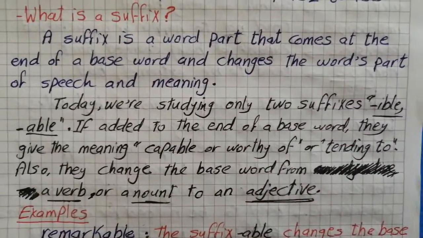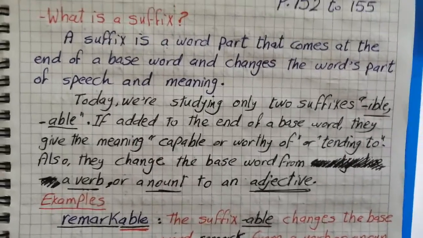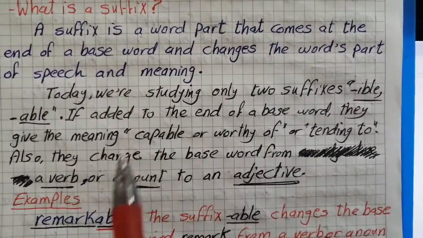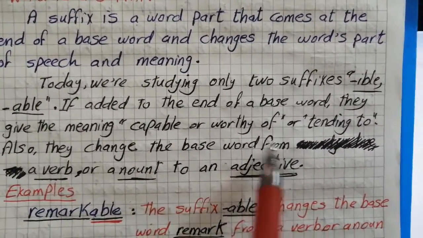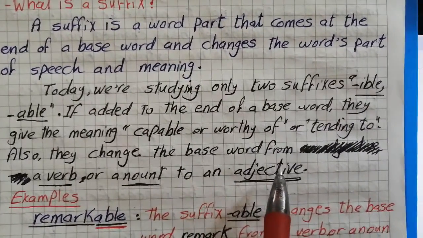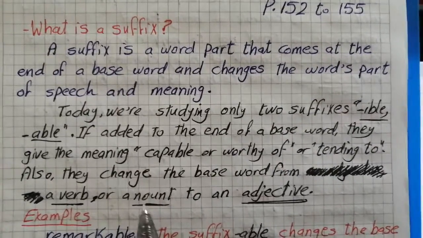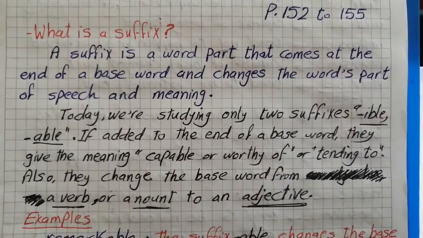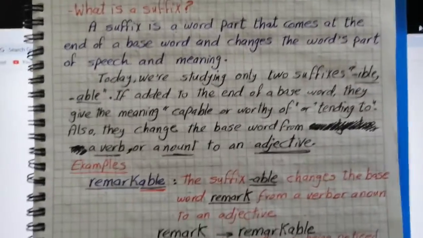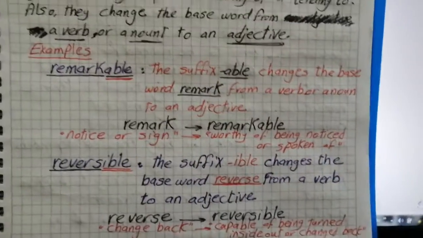So this is the meaning that they give, as we are going to see in the coming examples. Also, the two suffixes change the base word from a verb or a noun to an adjective. So the main part of speech change that happens is from a verb or a noun into an adjective. Let's make it clearer using the following examples.